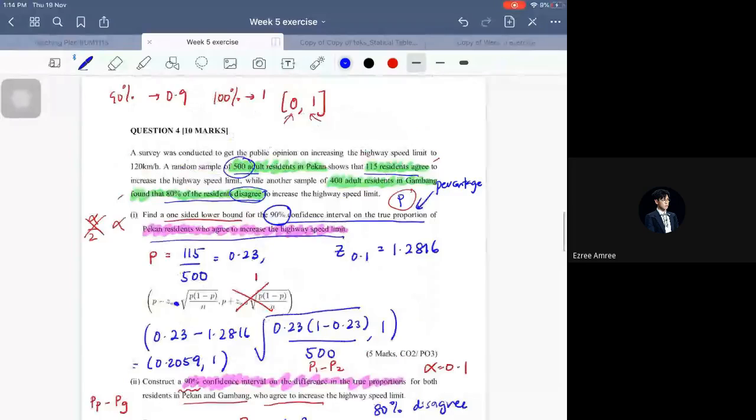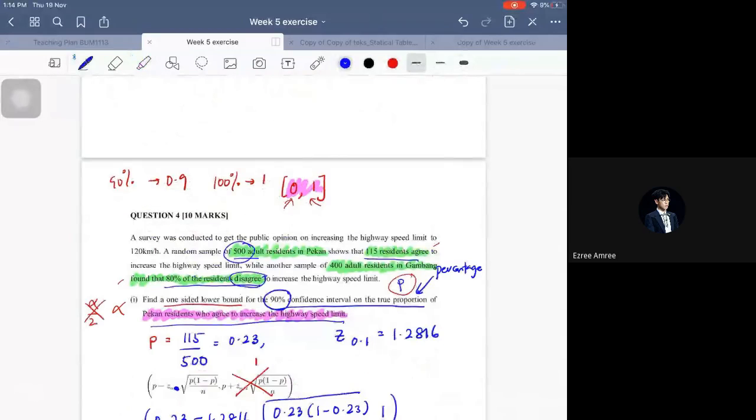When we talk about the chance of something, like I told you before, the chance could only be from 0% to 100%. That is when I talk about one thing, one proportion. But here we talk about two proportions, so there could be a difference between them, P1 and P2. For example, if the chance for P1 is 20% and the chance for P2 is 40%, and I find the difference between them, of course it's going to be 20 minus 40, which is negative 20%.